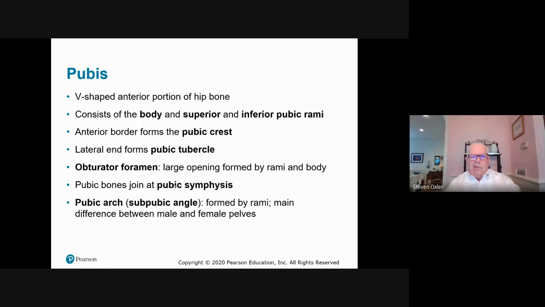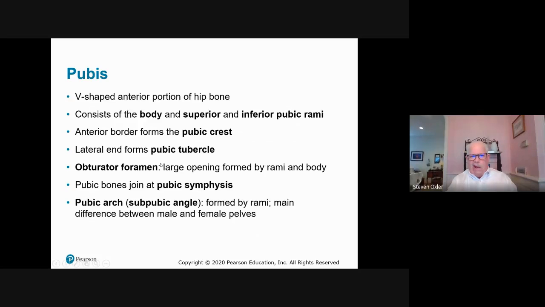The pubis. The pubis is the anterior portion of the hip bone. It houses the largest foramen or opening in the body. Okay? It is known as the obturator foramen. This is the largest opening in the body.